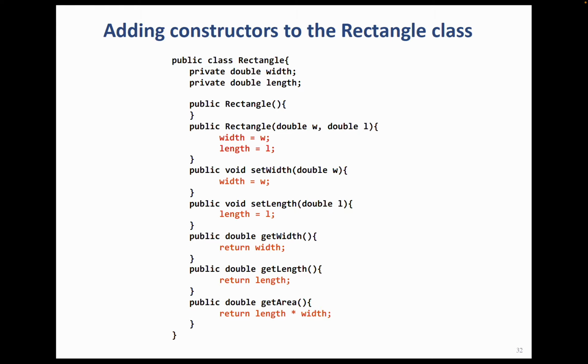For a rectangle, you might think, what do we need? It's a 2D object, not 3D, so it has only width and length, no height. So that might be my attributes. Then what might I need as functions? In addition to getters and setters, you will probably need an area function and so on.